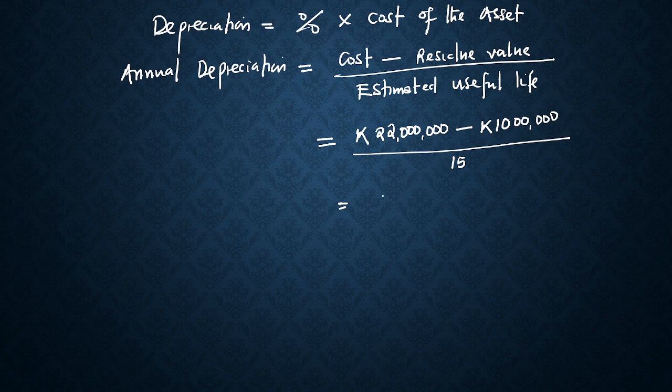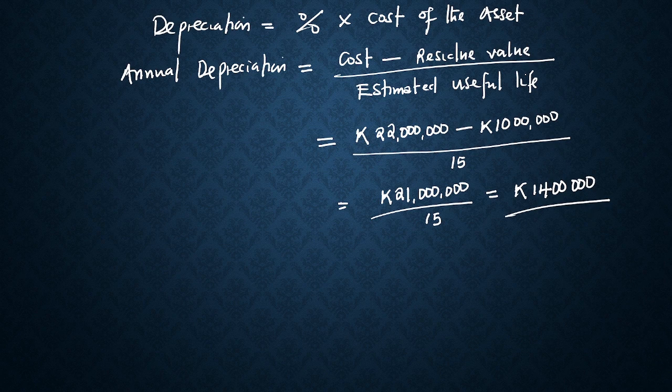So divided by 15, that's 1.4 million. Okay. Questions?